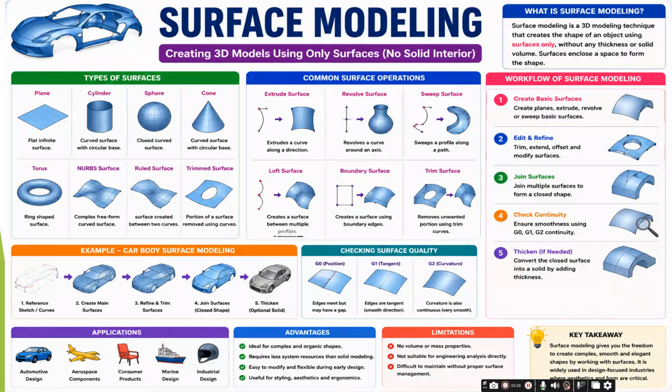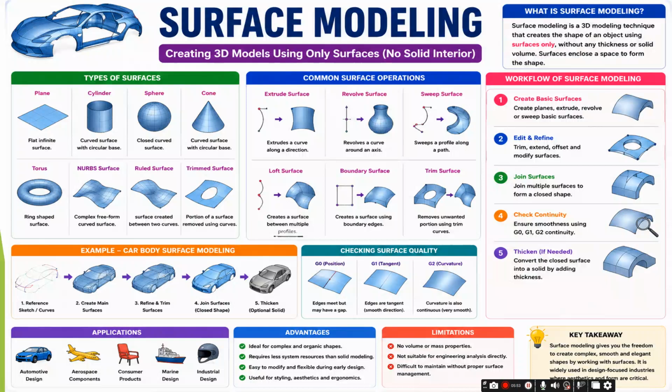Workflow of surface modeling: create the basic features, edit, refine, join surfaces, check the continuity, and then the fifth step is thickness. Example of car body surface modeling: reference sketch of the curve, create the main surface, trim the main surfaces, and join surfaces. Thickness is an optional method.